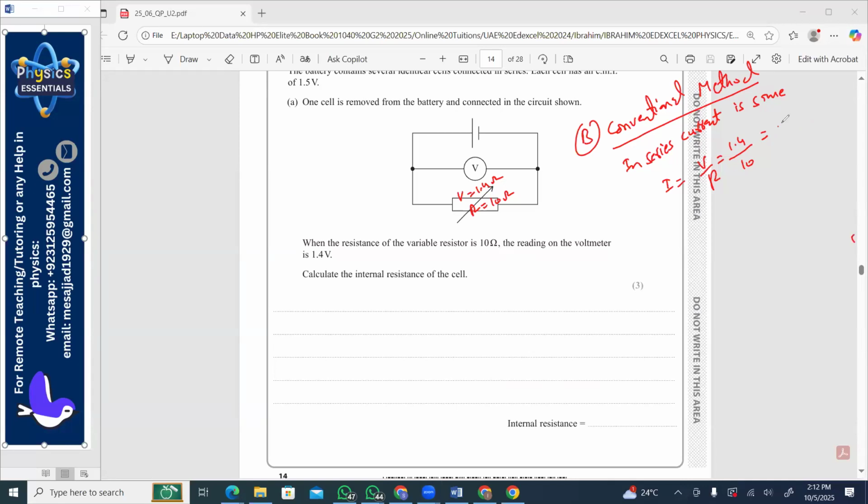Just let me check. Yeah. So now you have the current.